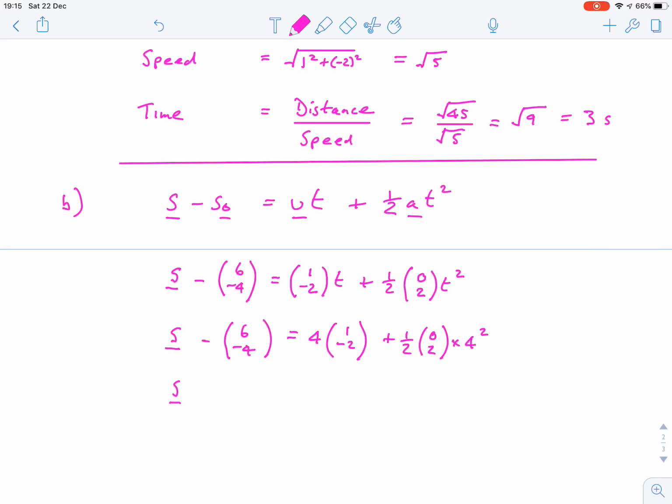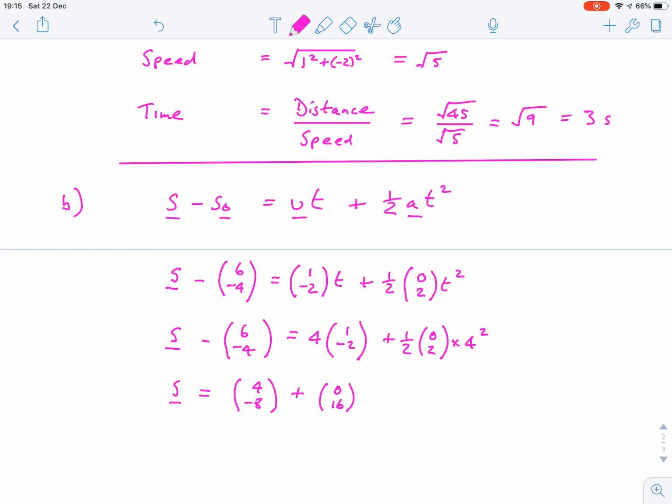So s, well, we'll go straight for equals here. 4 times (1, minus 2) would be (4, minus 8) plus, now a half times (0, 2) would be (0, 1), and then when I multiply (0, 1) by 16 I will get (0, 16).